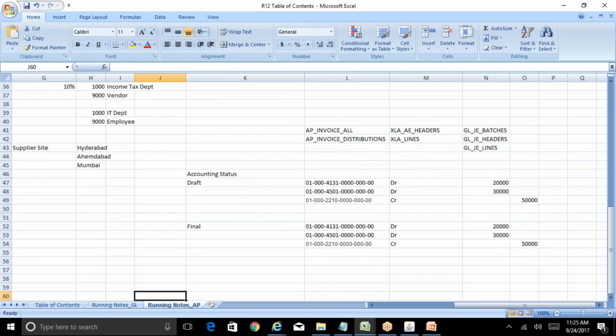In a large organization where there is a very big contract, vendors obviously expect you to pay something in advance before he procures the goods, starts manufacturing, or whatever it is, and then sends it to you. So he'll expect you to pay something in advance. That is called prepayment, paying in advance. So you record that as a prepayment invoice in your AP module.